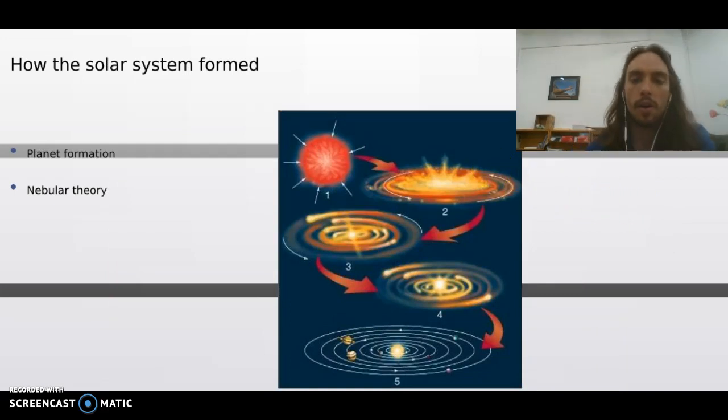So, how our solar system was formed. We remember from earlier how stars are formed with a nebula. The nebular theory is the theory that most people consider the best one for our solar system. Essentially, we had some sort of event with a nebula.